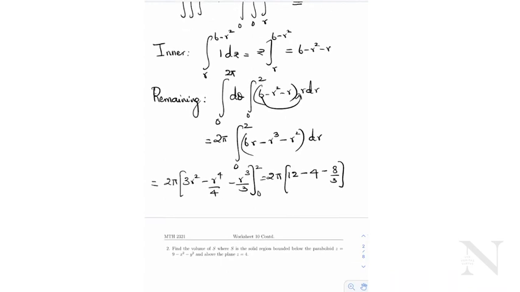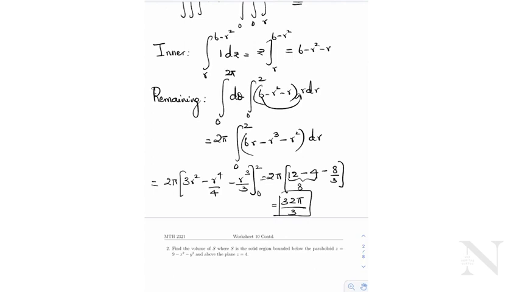Once again, I'm not very excited about multiplying 3.14 and dividing it by 3 and so on. Just write a clean answer. This is 8 is 24 over 3, 24 minus 8 is 16, 16 times 2 is 32.